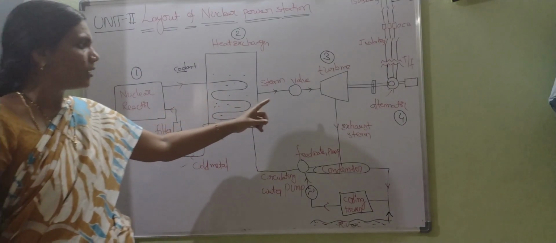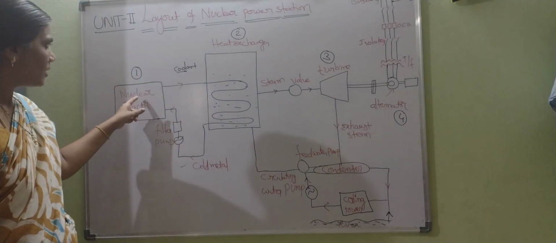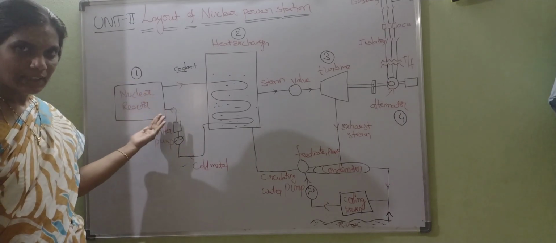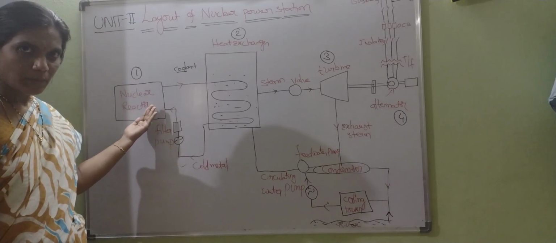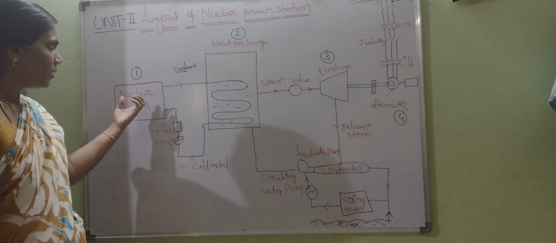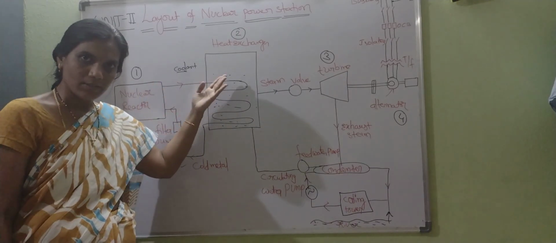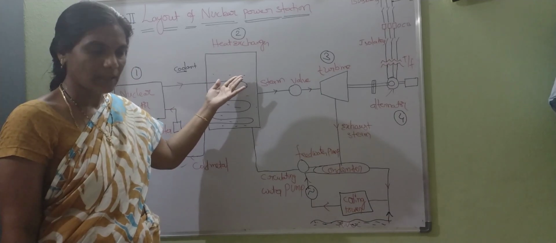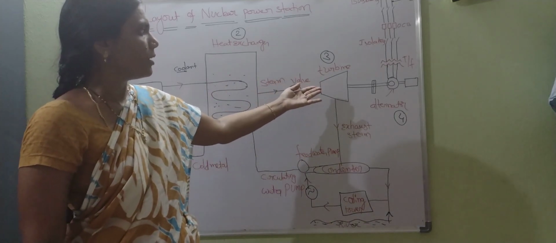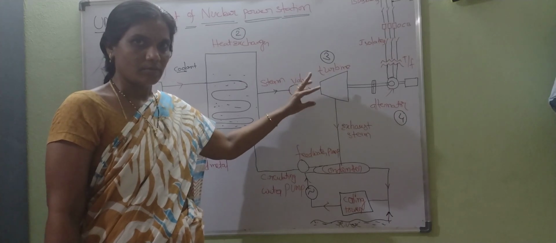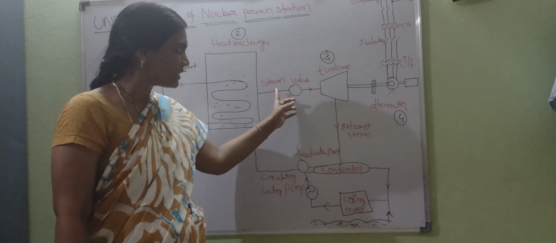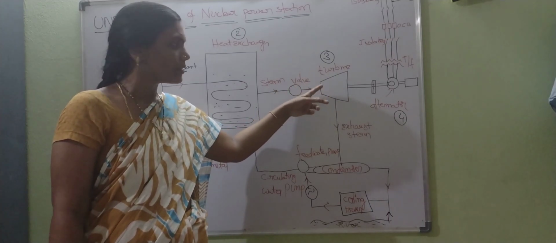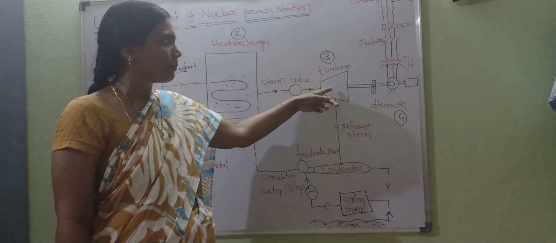Now, what happens here? The nuclear reactor gives the heat by means of coolant. Then the coolant gives up the heat for raising the water to steam. This steam will rotate the blades of the turbine.